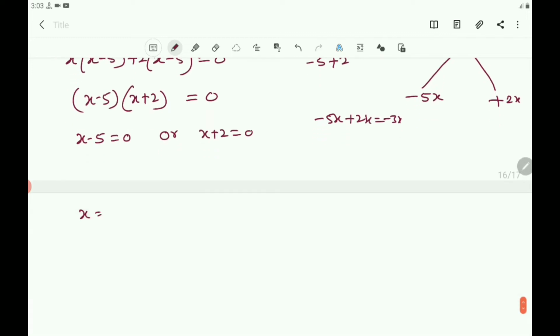So x equals 0 plus 5, that is 5, or x equals 0 minus 2, that is minus 2. X equals 5 or x equals minus 2. These are the two roots of the quadratic equation x square minus 3x minus 10 equals 0.